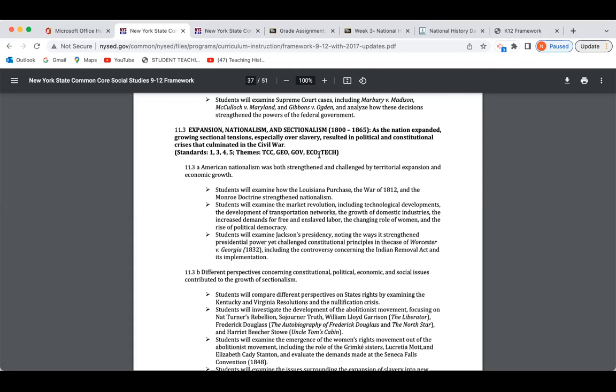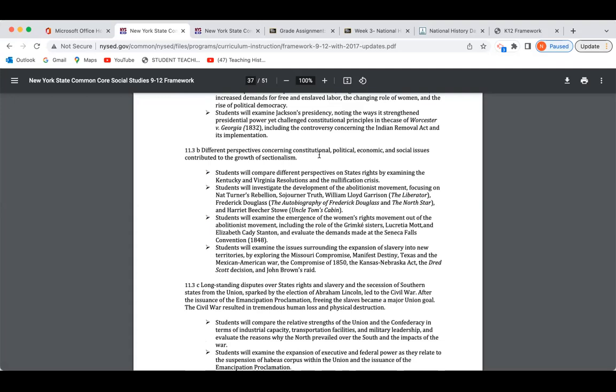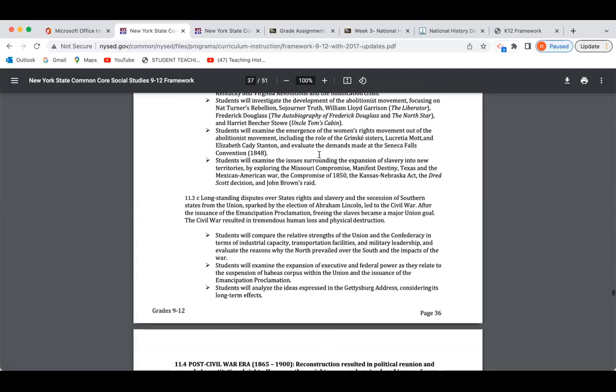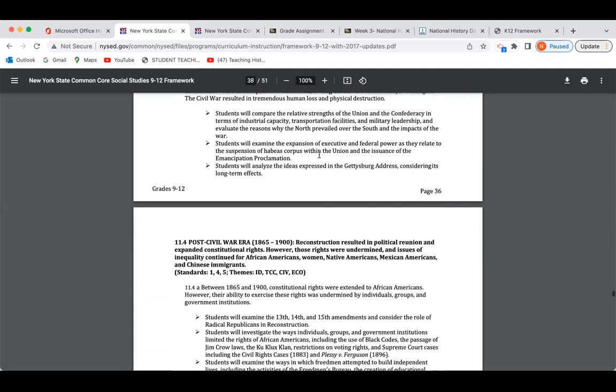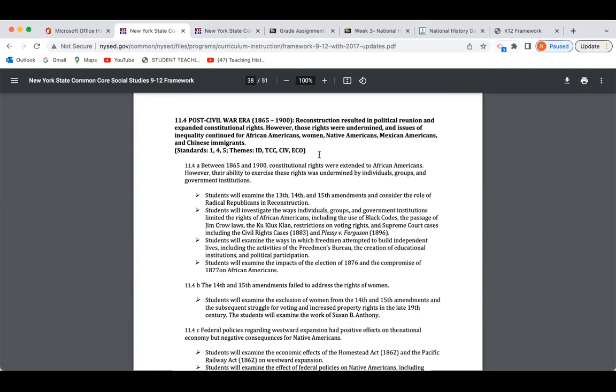So this is what the actual K-12 framework looks like, and these can include different topics that History Day has identified.